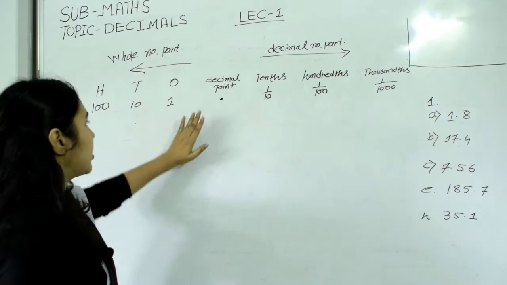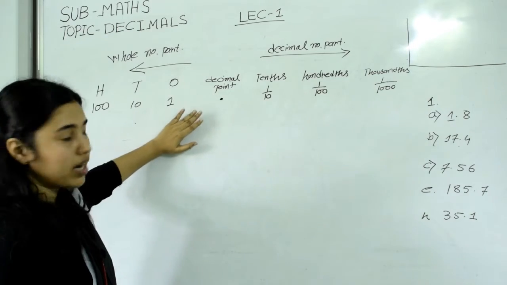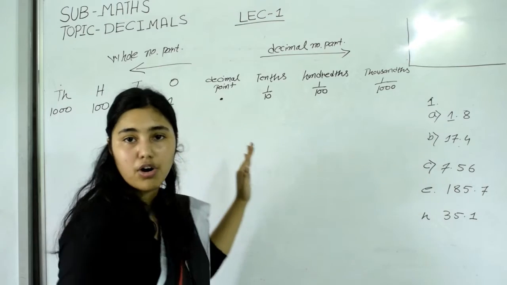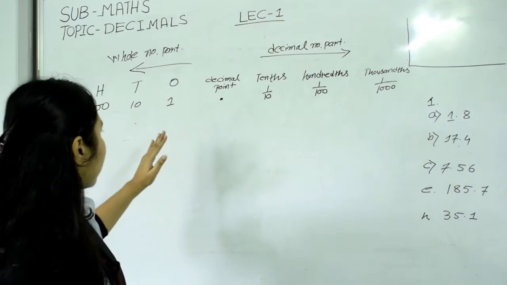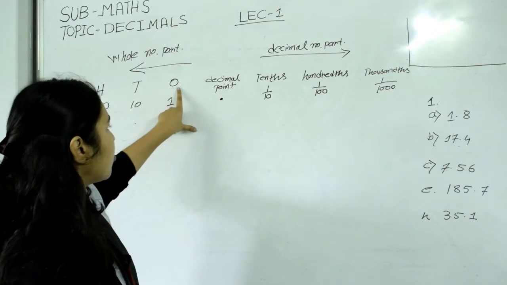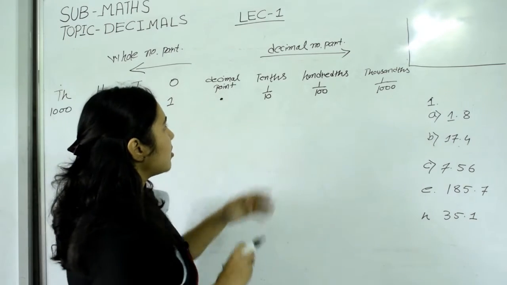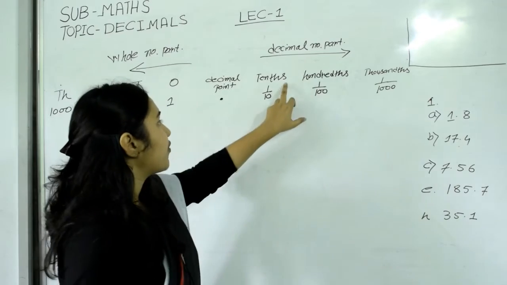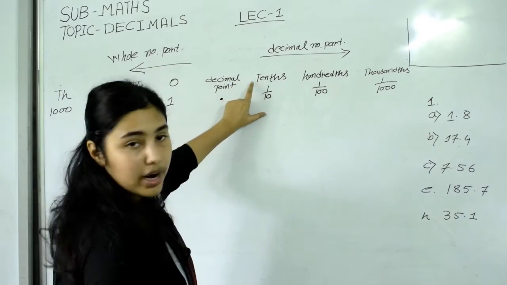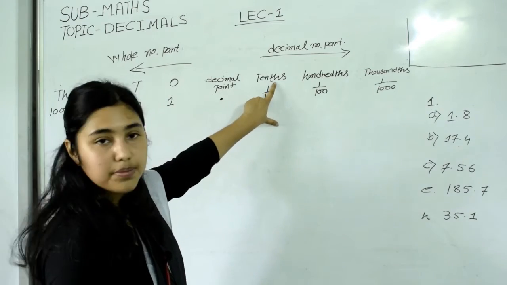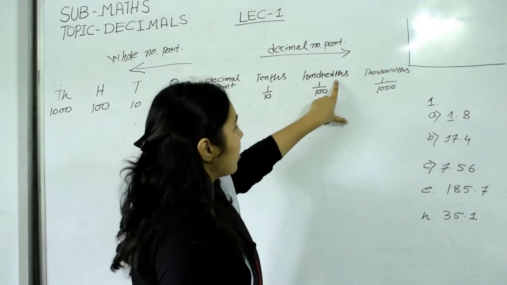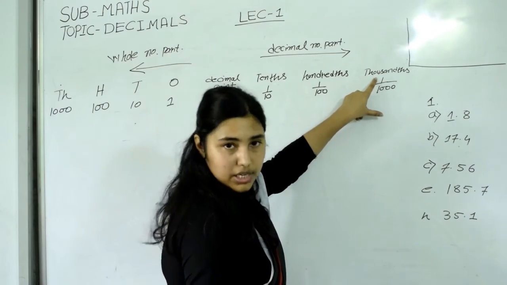After the decimal point, the first place value is tenths, 1 by 10. Tenths place value. Okay. After that hundredths, and after that thousandths.